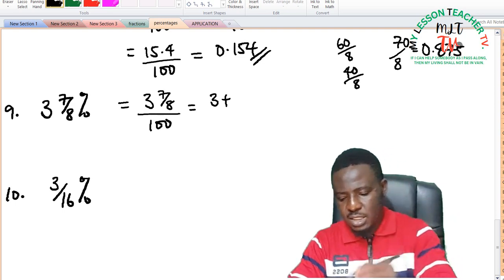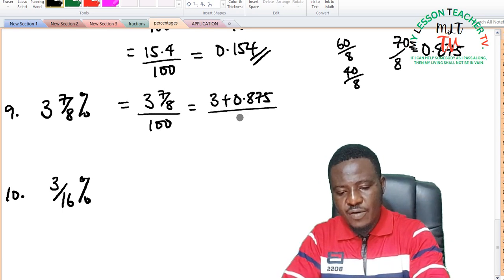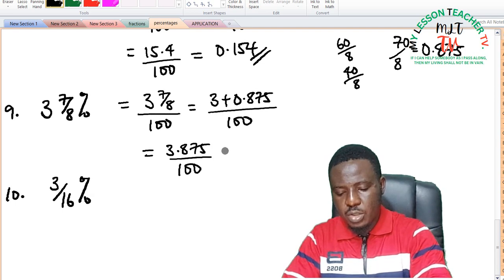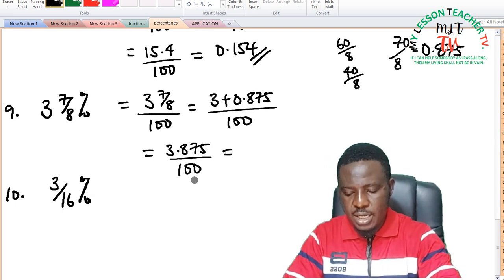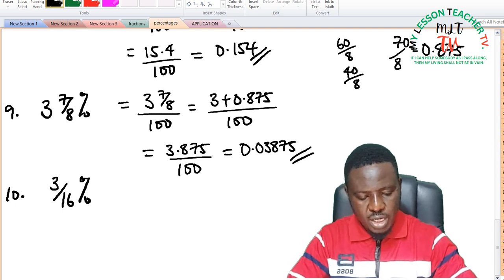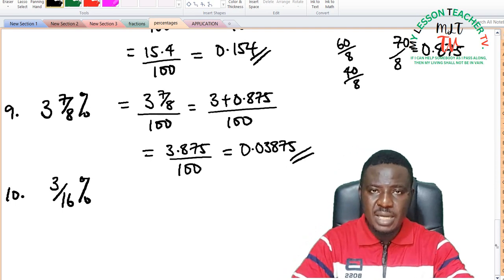So 7 over 8 can be said to be 0.875 divided by 100. This is equal to 3.875 divided by 100. So when you simplify further, this is said to be 0.03875 as your answer.